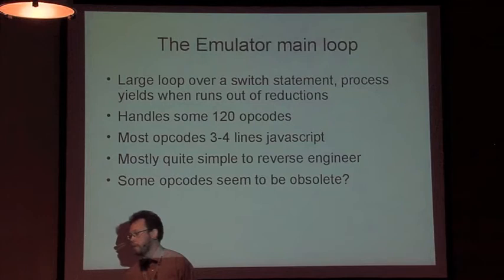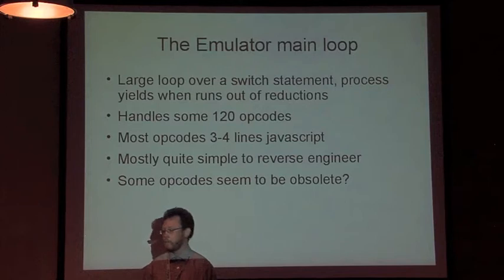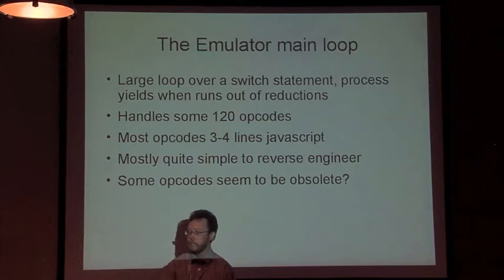So the emulator main loop, the heart of the system, is a big, huge loop over a JavaScript switch statement. For each Erlang call to a function, you decrease the number of reductions that you have, and when the number of reductions reaches 0, you take another process and start executing that in the same loop.